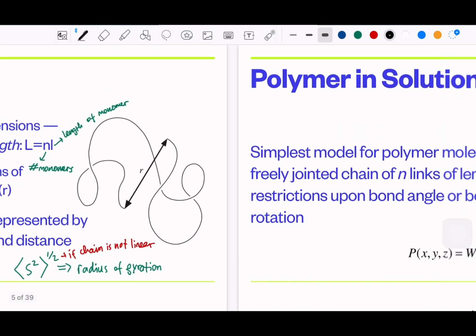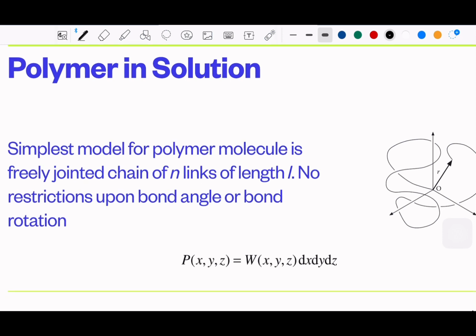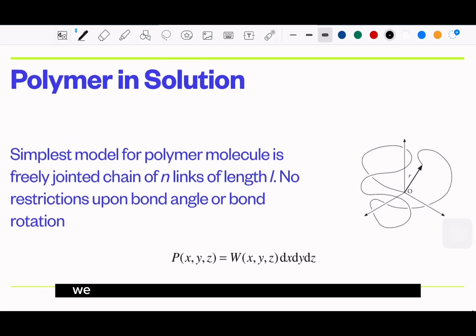Now, this is the simplest model. As I mentioned, we are going to describe the polymer with vectors.